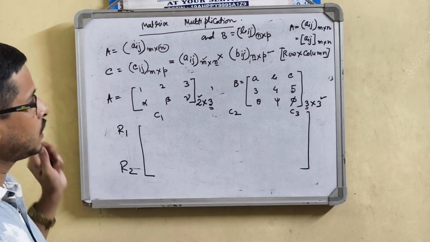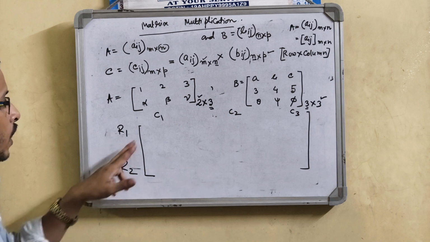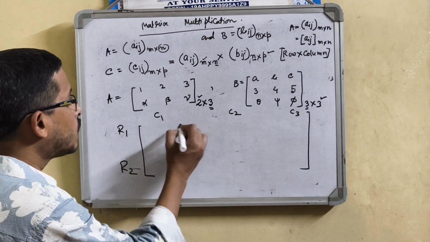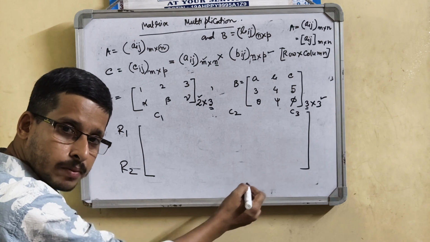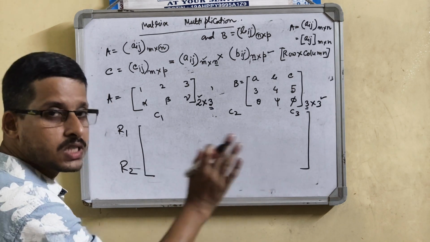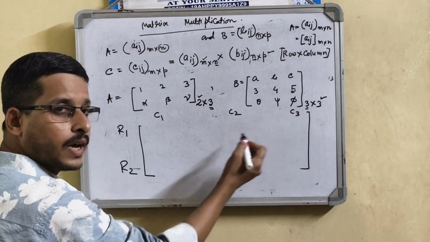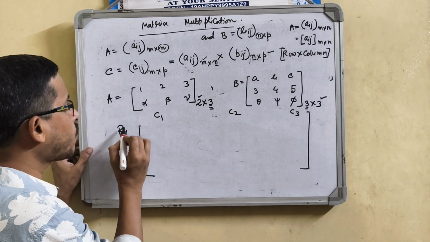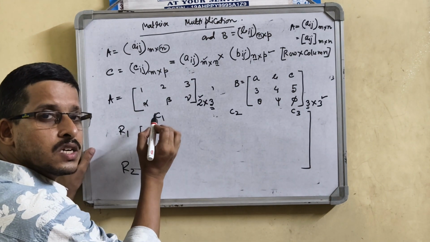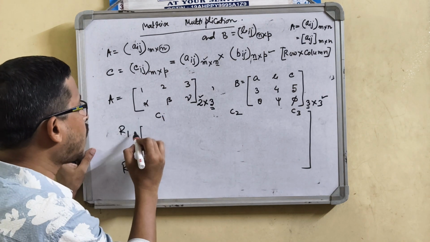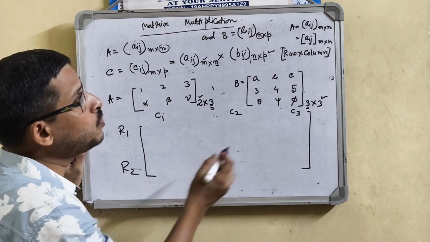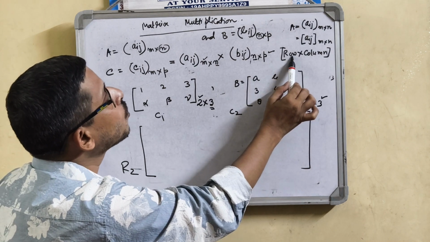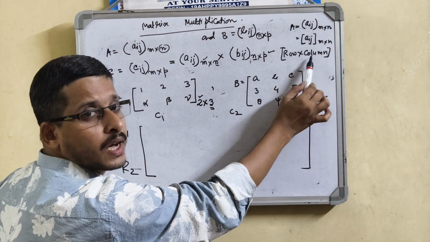We have to write down this row and this column first. Then we have to write the elements according to their positions. That means this is the first row and first column. Then what is the rule to find the multiplication? The rule is row by column.